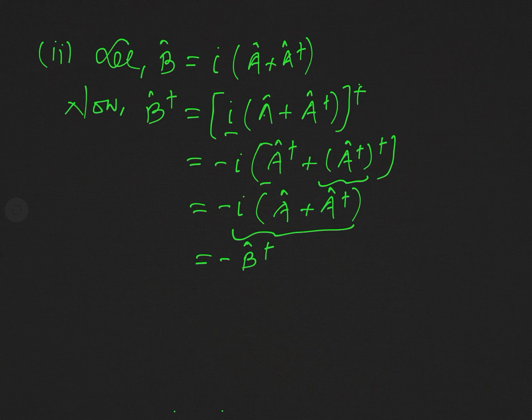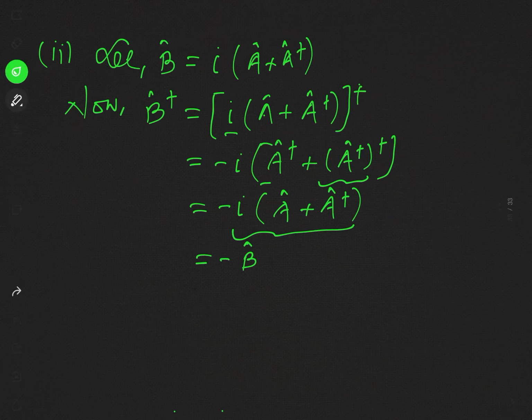B hat dagger is equal to minus B hat, and it means B hat dagger is not equal to B hat, but minus B hat. And since B hat dagger is not equal to B hat, the given operator is not Hermitian but anti-Hermitian or skew Hermitian.